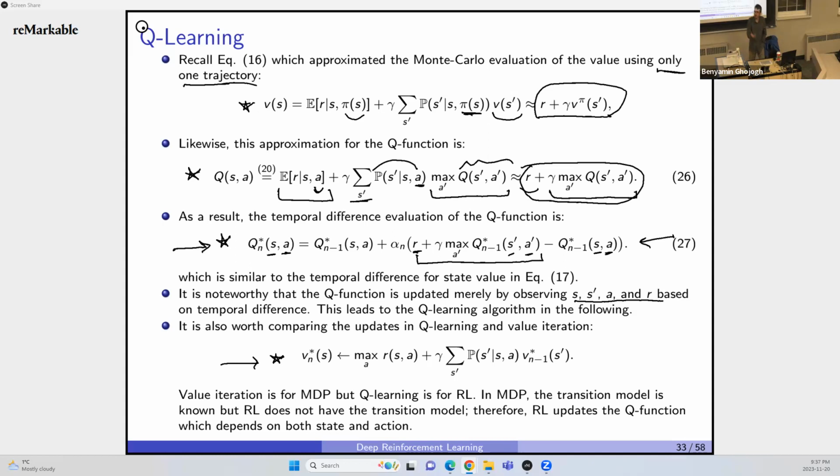In Markov decision process, I have the transition model, so it suffices to calculate the value at every state. But in reinforcement learning, I don't know where I should go, the probability of next state given the previous state and the previous action. So I need to use a value which is a function of both state and action. We didn't need that in Markov decision process because we had a transition model.